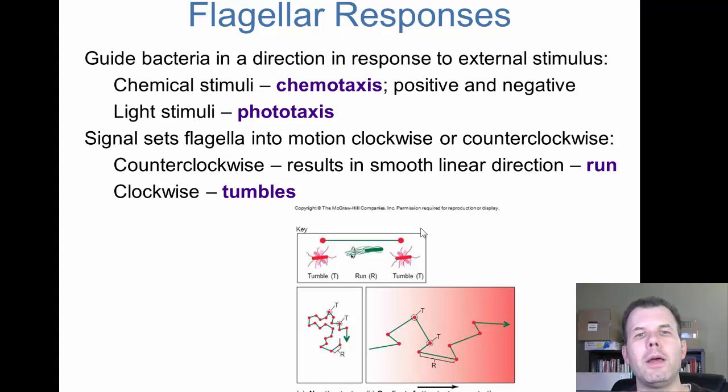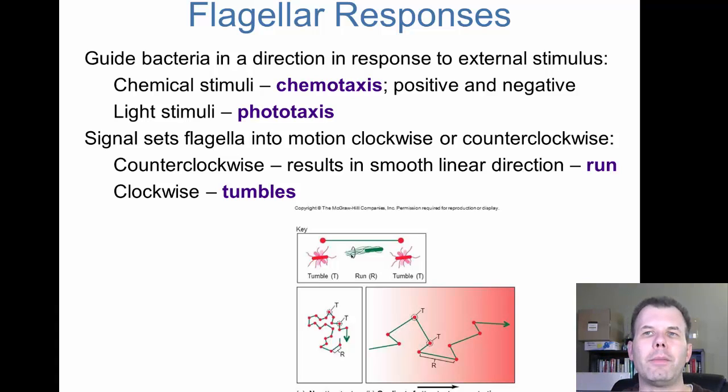Okay, and so again, bacteria spin, and depending on which way they move, it's called either a run or a tumble. When the bacteria spin their flagella counterclockwise, the opposite way of the clock moving, that is termed a run. That's the straight ahead motion. When they go clockwise, the way that a clock spins, they cause a tumble.